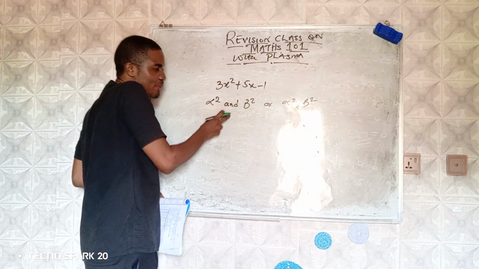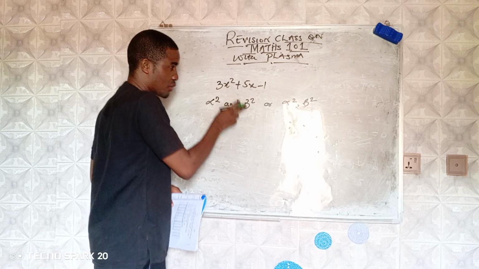It is not alpha square plus beta square or alpha square minus beta square. So this one will be equation.